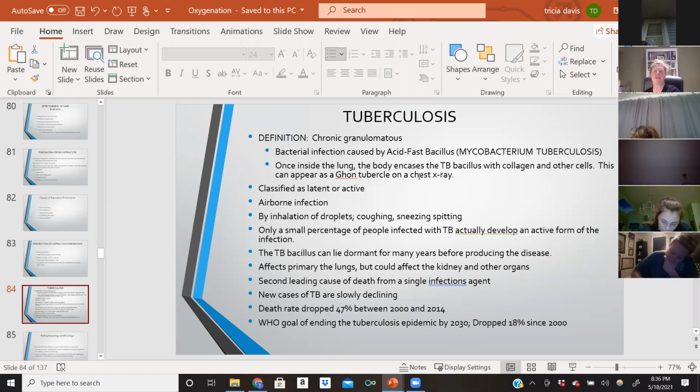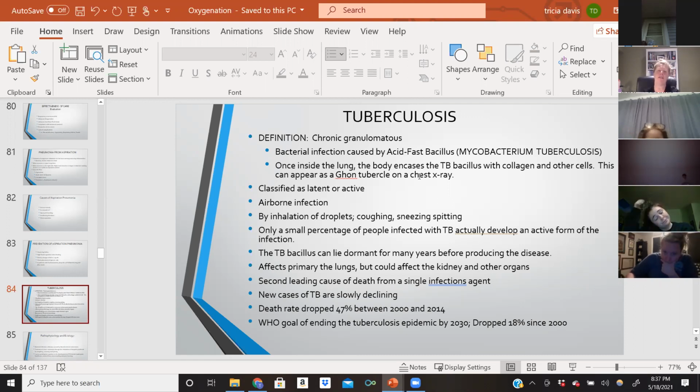Only a very small percentage of people infected with TB actually develop an active form of the infection. So the TB bacillus can actually lie dormant for many years in your body before it actually produces the disease. It primarily affects the lungs, but in rare instances, it could affect the kidneys and other organs. It is the second leading cause of death from a single infectious agent.